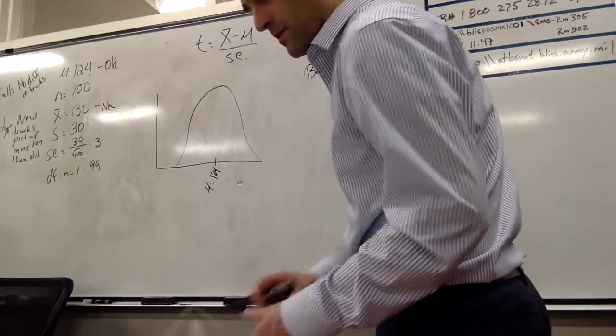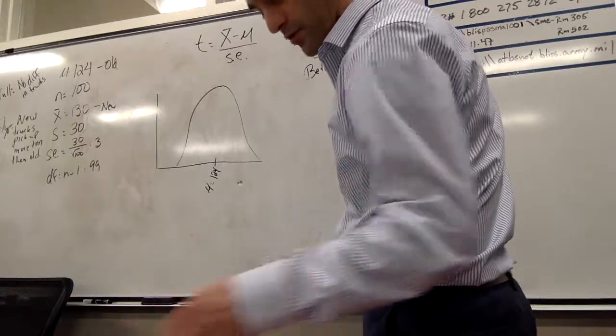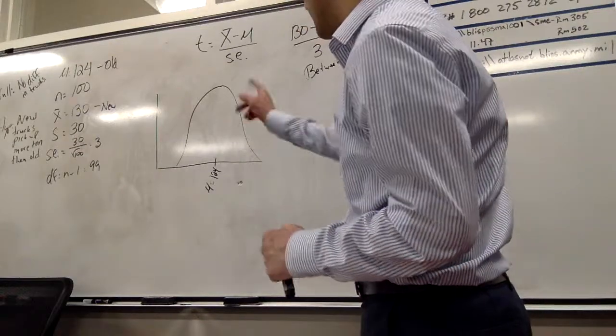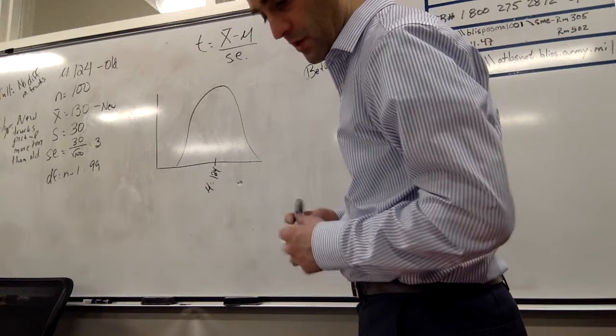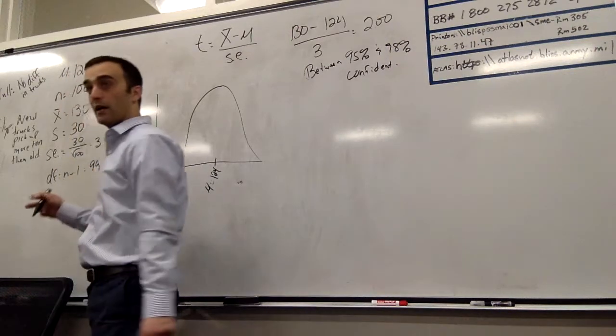Okay. So these are following the steps on page 1 now. Draw your t-distribution. Put the comparison figure at the peak. Okay. Calculate your degrees of freedom at 99, right?